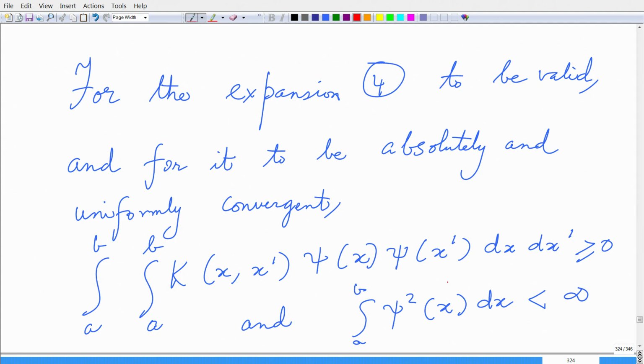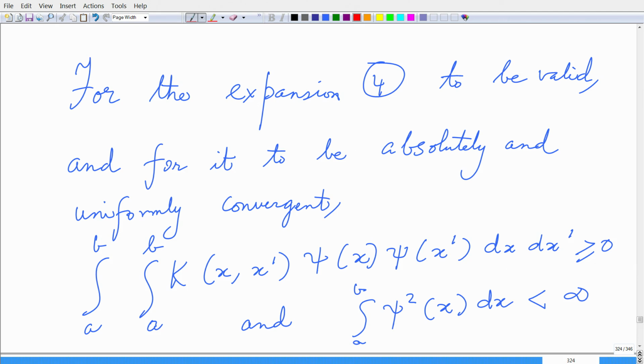Now, for this expansion to be valid, when we discuss series expansions, we have dealt with many such expansions like Fourier series, wavelet series, etc. When we think about any series expansion, if the expansion has to be valid, there should be certain conditions that have to be satisfied.